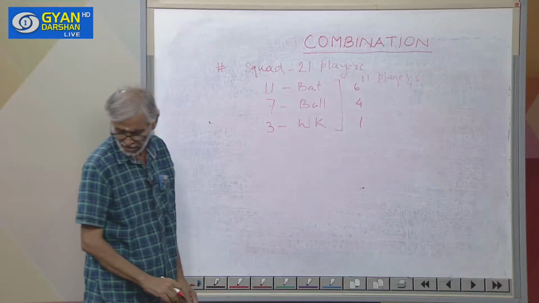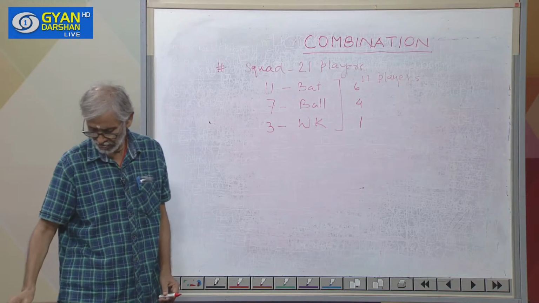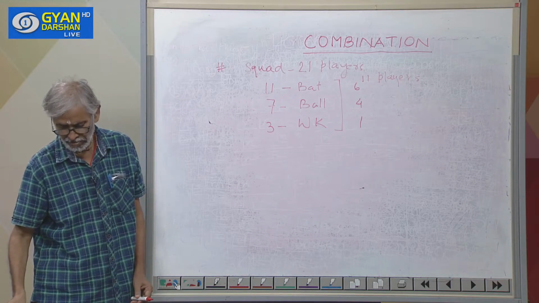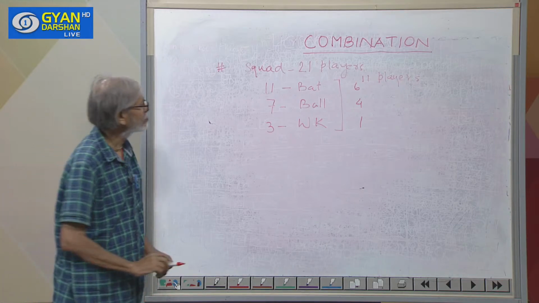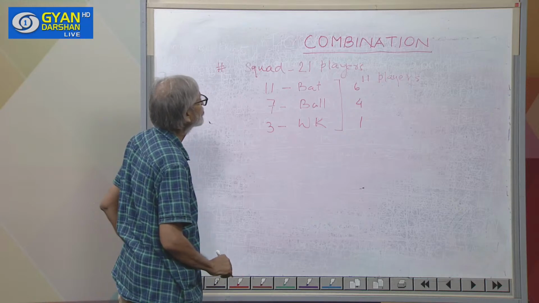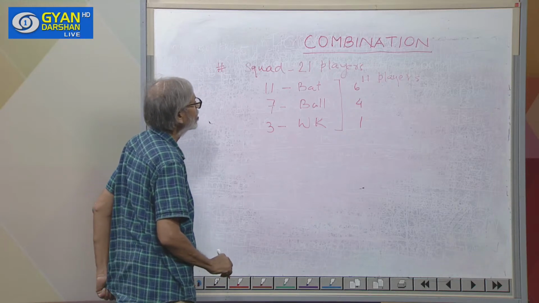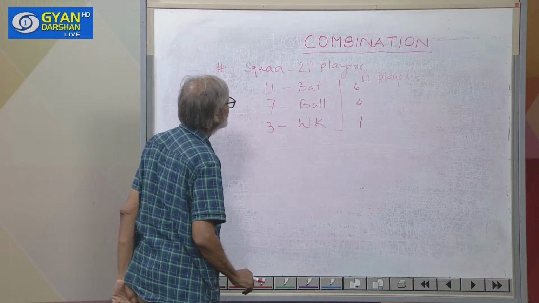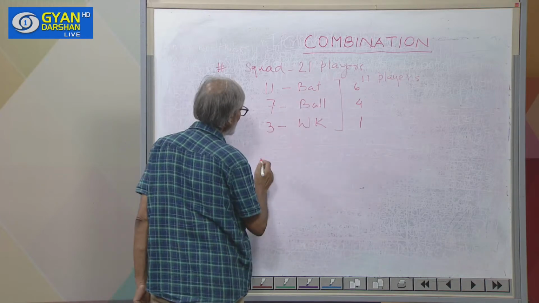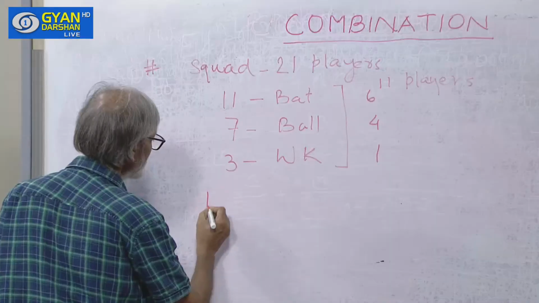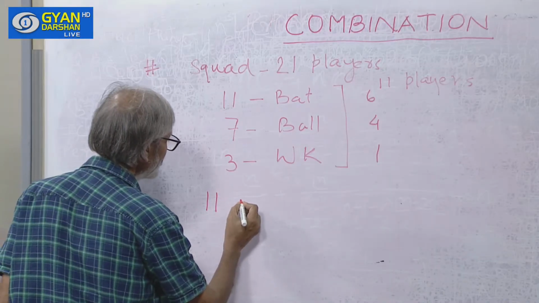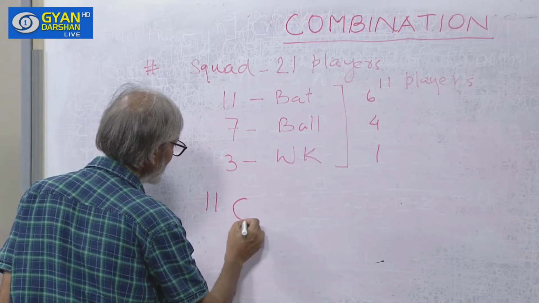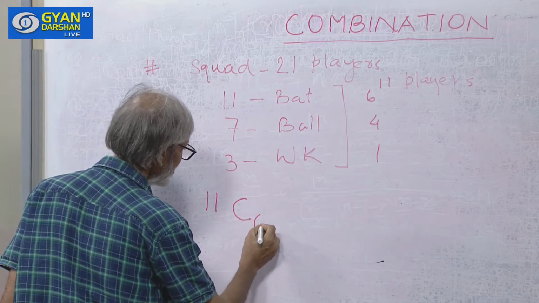How will we do it? So, out of 11 batsmen, 6 batsmen you can make combination 11C6.